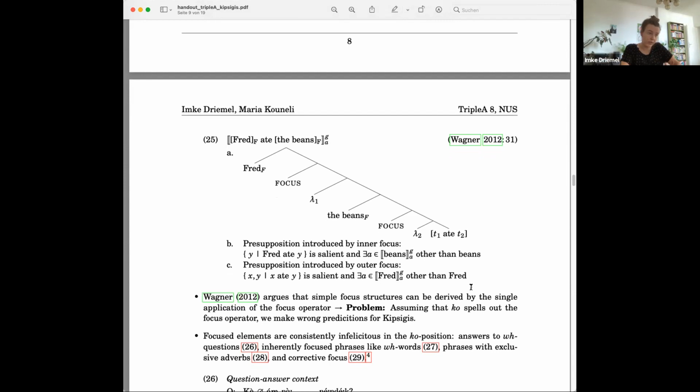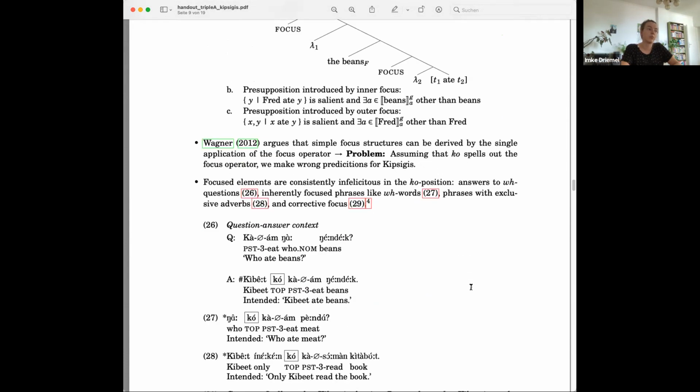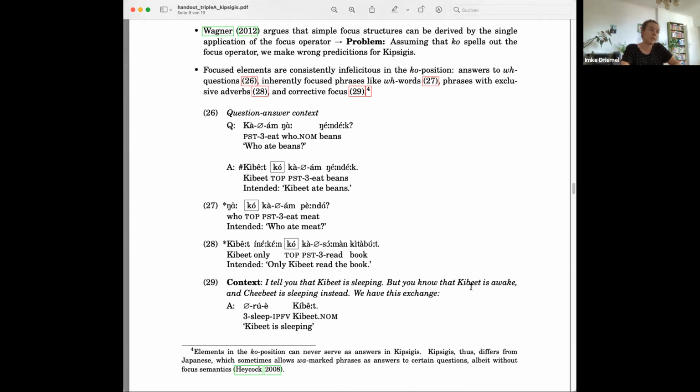And here we see a problem for Kipsigis because assuming that Co spells out the focus operator, we make the wrong prediction here because we observe that focused elements are consistently infelicitous in the co-position. They are, for example, infelicitous as answers to WH questions. That's what you can see in 26, who ate beans? Kibet ate beans. Here, Kibet cannot show up in the co-position. And neither can WH phrases show up in the co-position, or only-marked phrases.